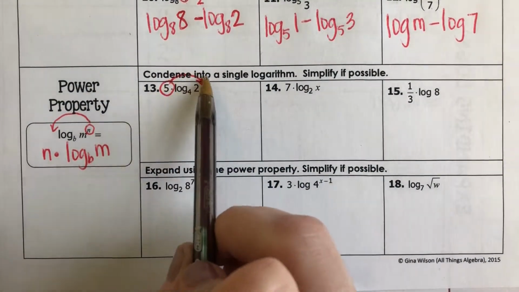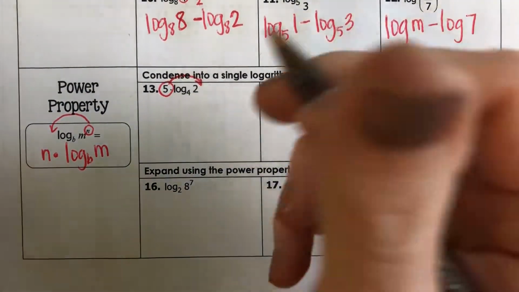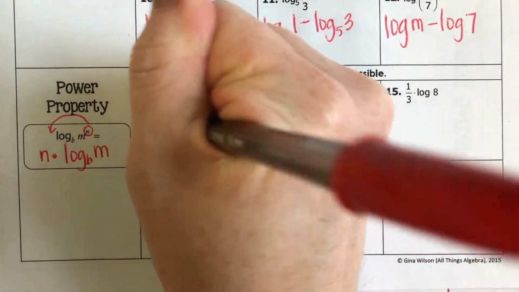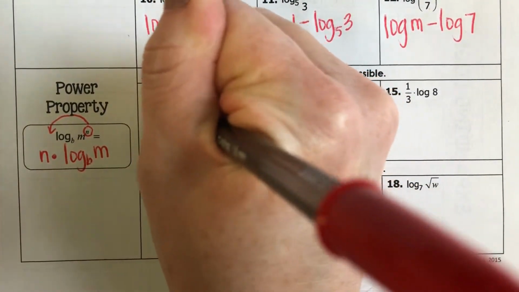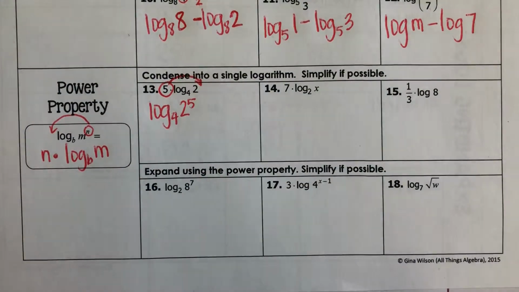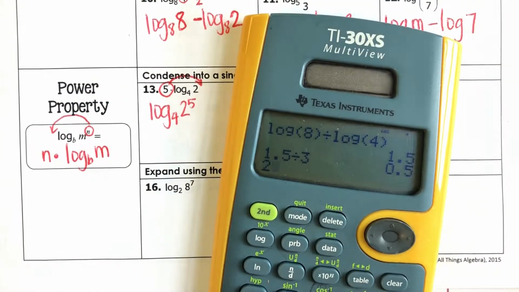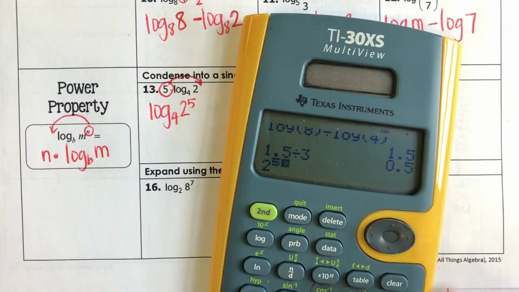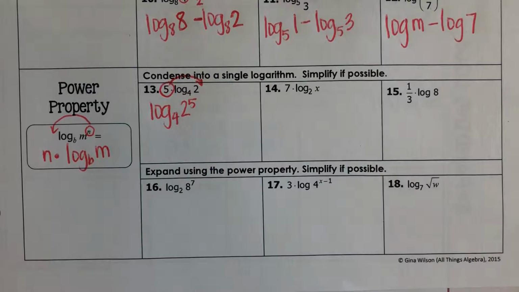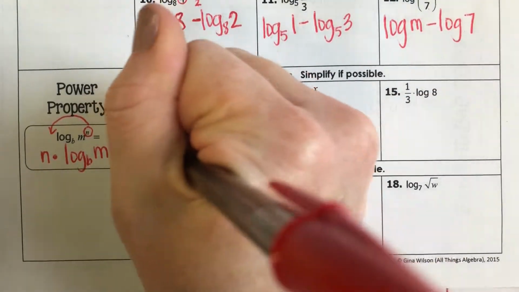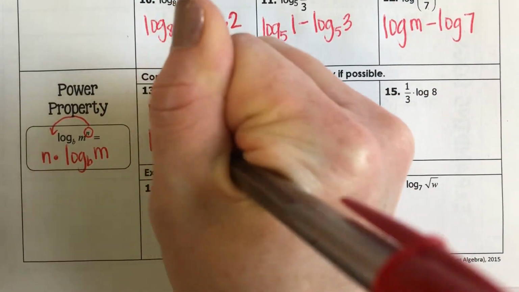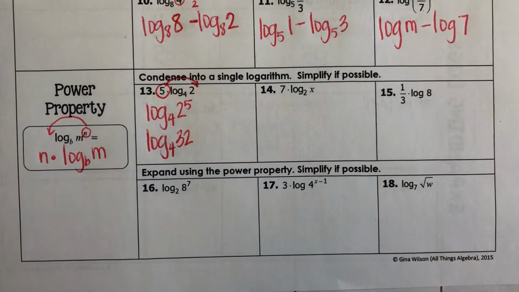I'm going to move this 5 and make it the exponent of 2. So log base 4 of 2 to the 5th power. Okay, and if I do 2 to the 5th power in the calculator, that's going to give me 32. So this simplifies to log base 4 of 32.